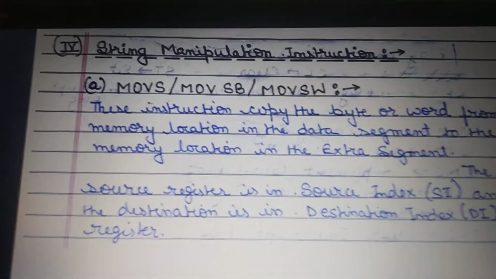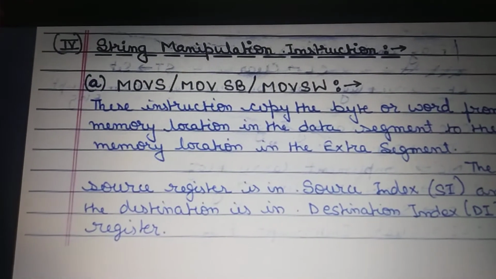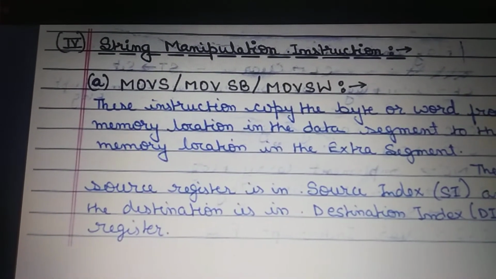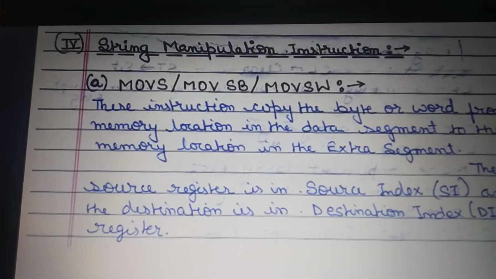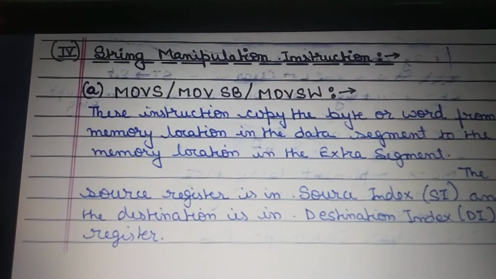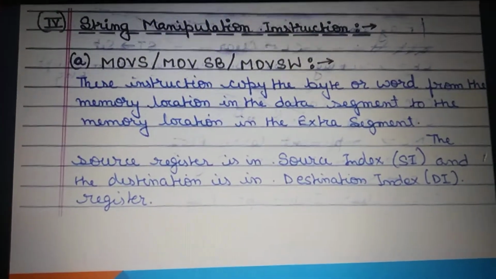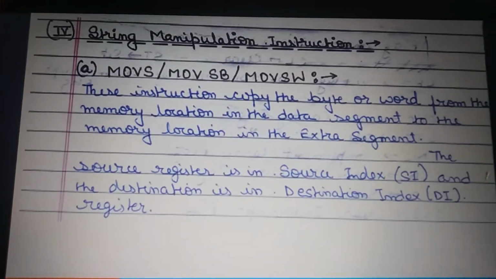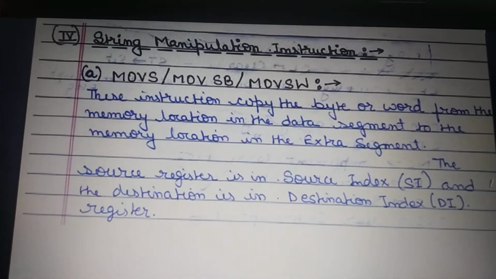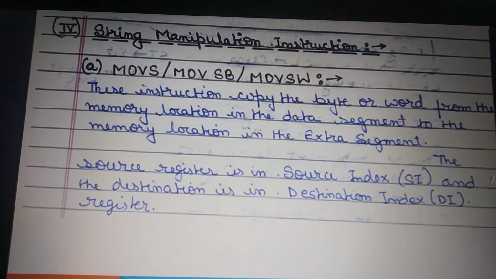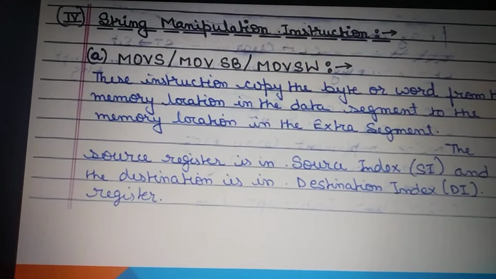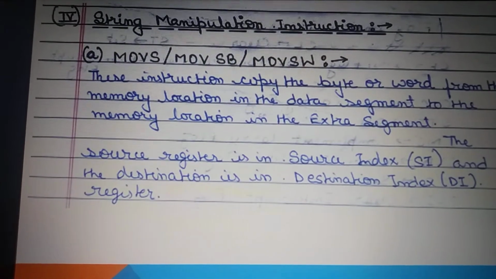Here the source is in the source index register. Why source index? Because in the data segment, which location is to be selected? The location is selected whose offset address is given in the source index register. When we copy the content of the data segment to the extra segment, we have to select one location of the data segment.